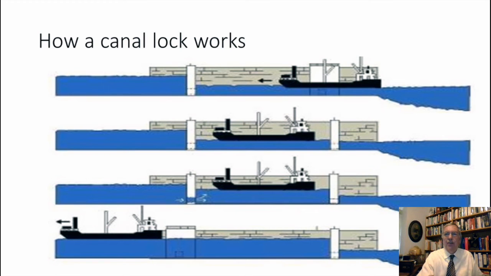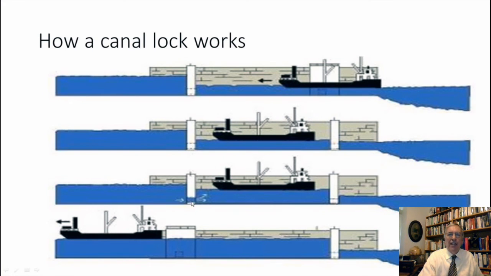So basically, the ship comes in on a certain level, and you have a wall here holding back the water. The ship comes in, they close the gate behind it, fill it up like a bathtub. So literally the ship lifts up to the level of the next step.